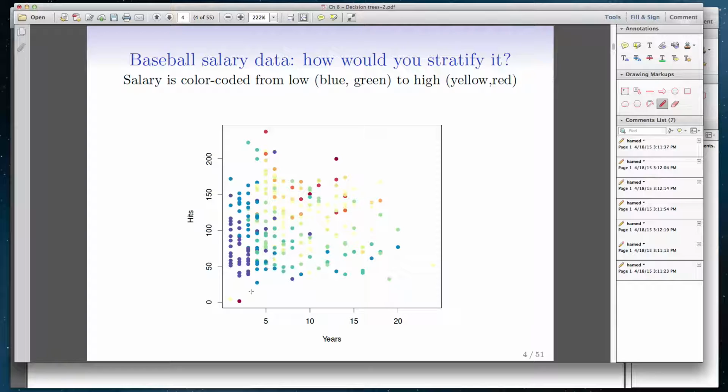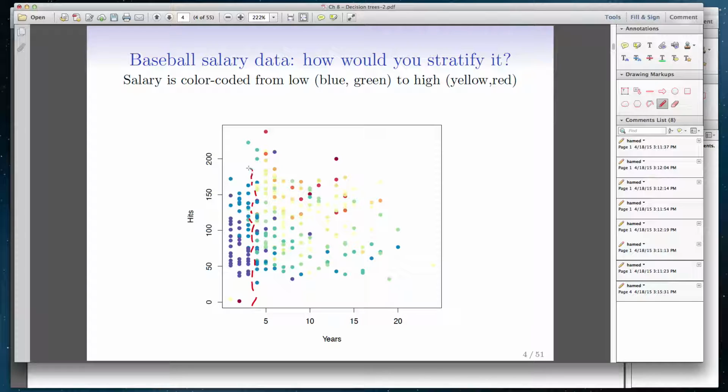Just by visually inspecting this scatter plot, what we can see is that before 5 years, or perhaps 4.5 years of experience, before this line... Oh, it's not a straight line. Sorry, I have to try to draw a straight line. Okay, let's call this a straight line.